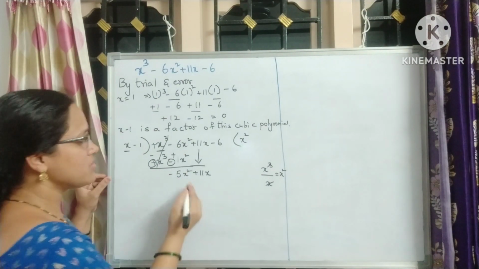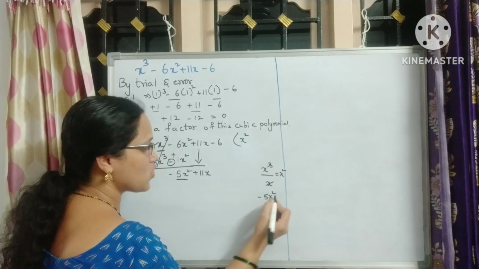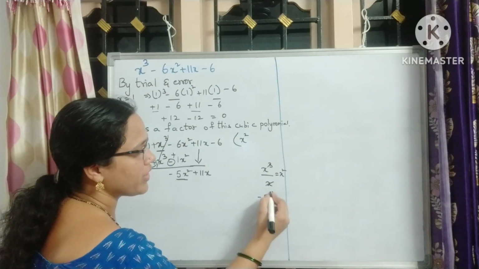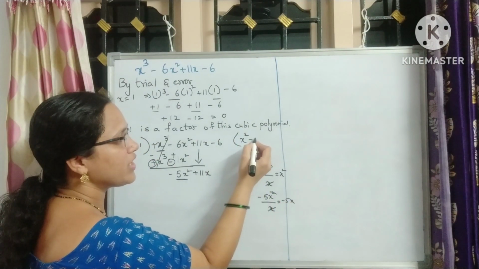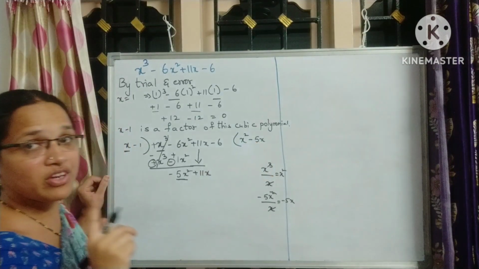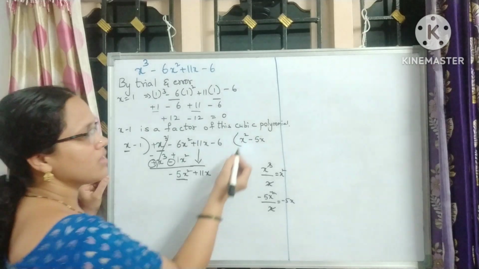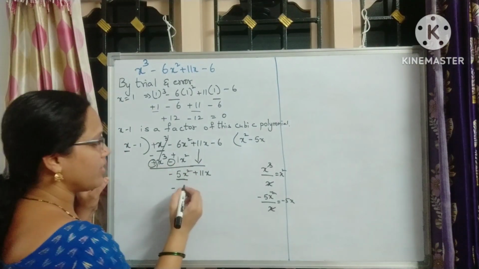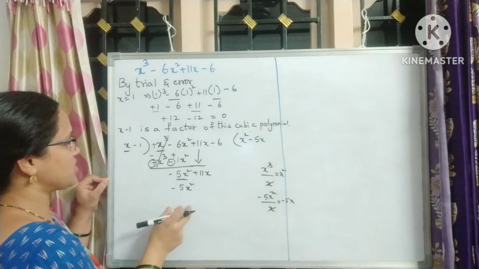Again, the same procedure. The first part of the dividend, that is minus 5x square, by x. If you cancel that, you will be getting minus 5x. That only you should include along with the signs, children. And when you are multiplying, also multiply along with the signs. Minus 5x into x is minus 5x square, because 5x into x is 5x squared.